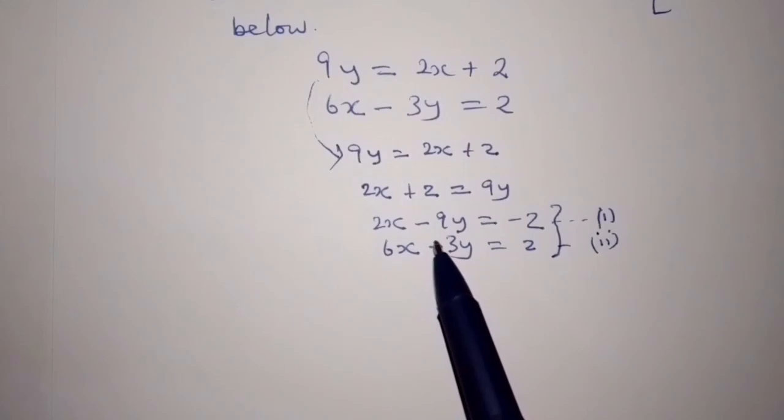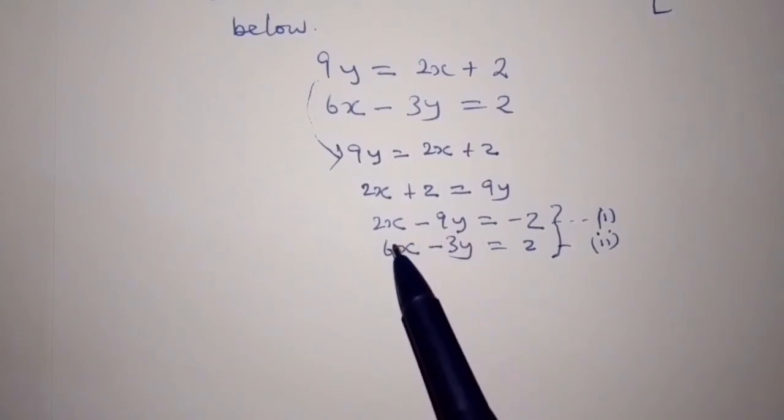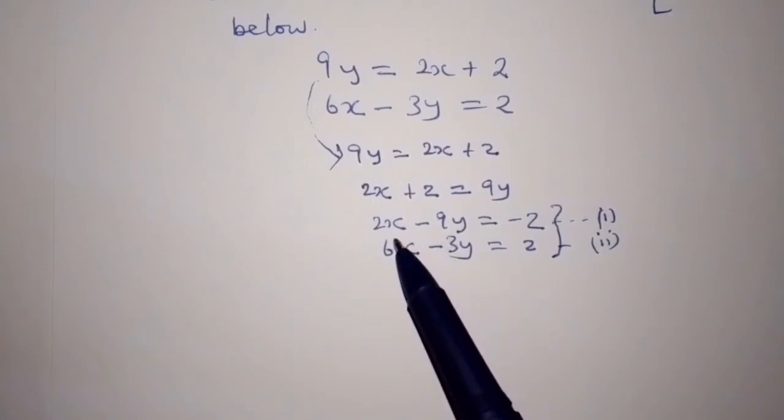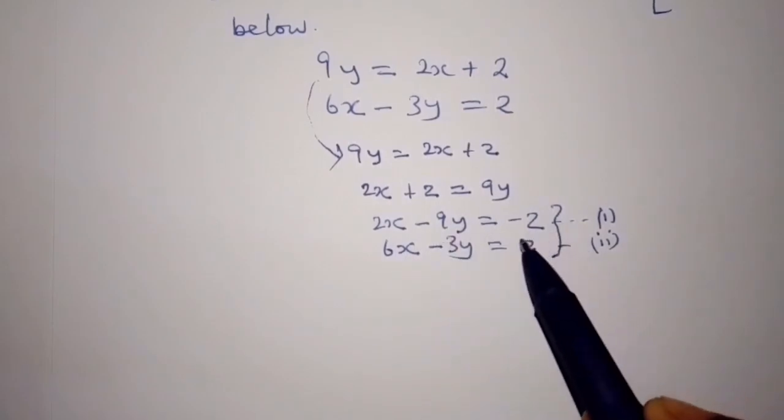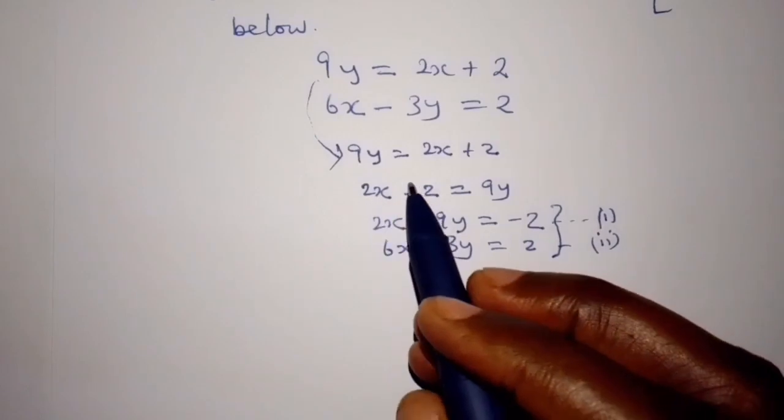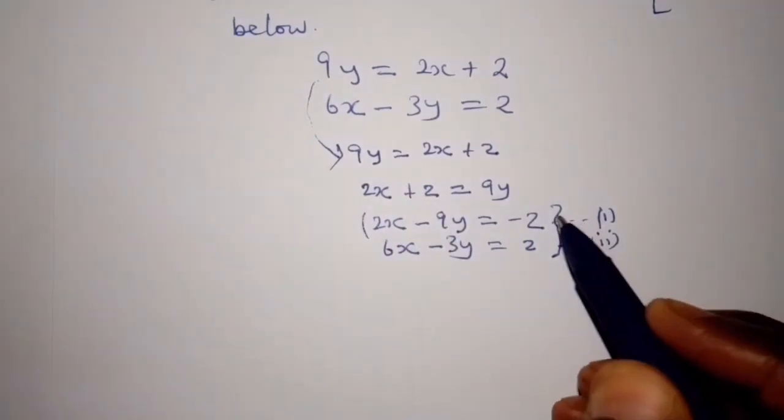So now we want to use the elimination method to eliminate x. So what we do is we multiply the first equation by 3. We multiply the first equation by 3.